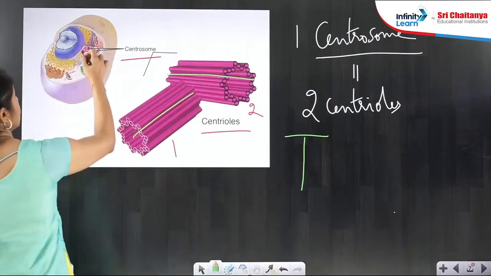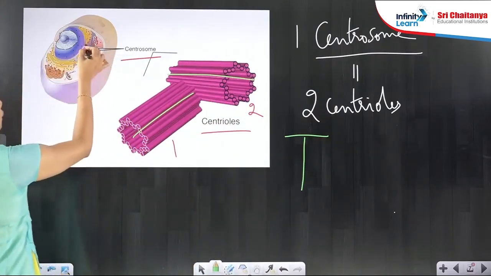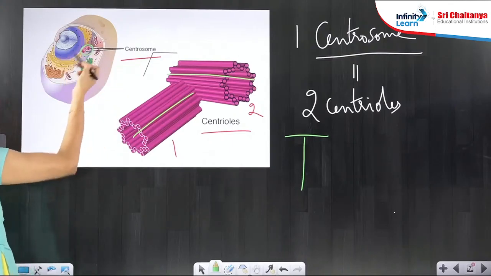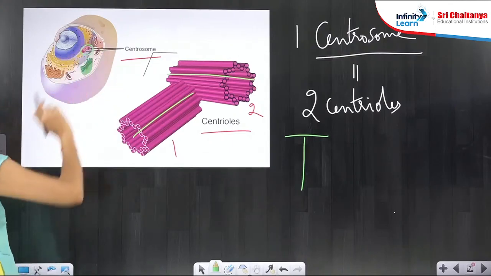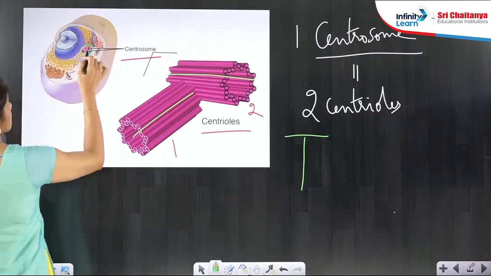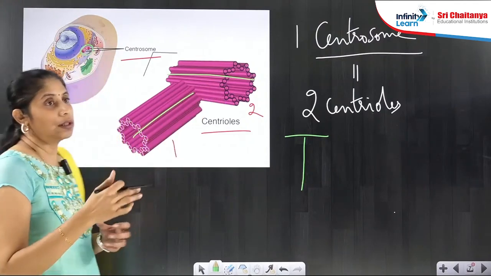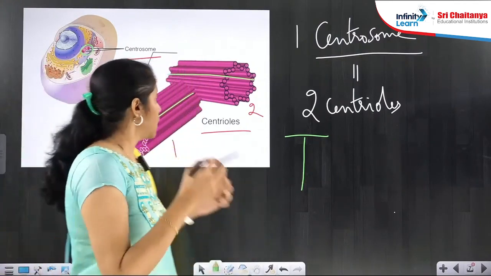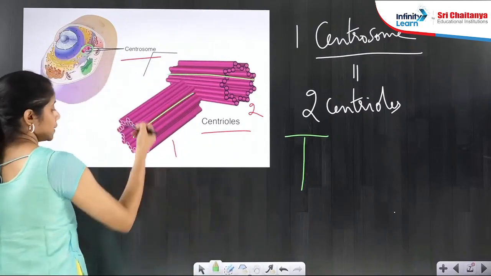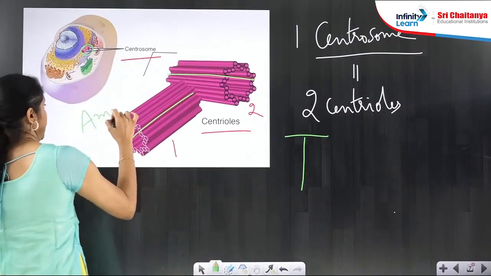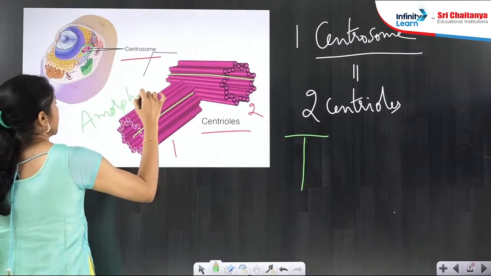Around this, in a cell, the centrosome is lying near the nucleus. All of you can see, this is the centrosome lying near the nucleus, in between the rough ER. And this centrosome is made up of 2 centrioles, and in that area there are no other cell organelles. Each centriole is surrounded by amorphous pericentriolar materials.